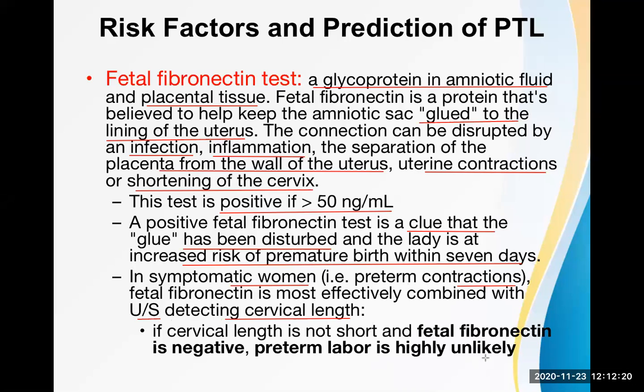This is the explanation from the opposite way, isn't it? Or you can also say: if cervical length is shorter than 30 millimeters or fetal fibronectin level is positive, then preterm labor occurs, or there is a high chance of occurrence within 7 days.